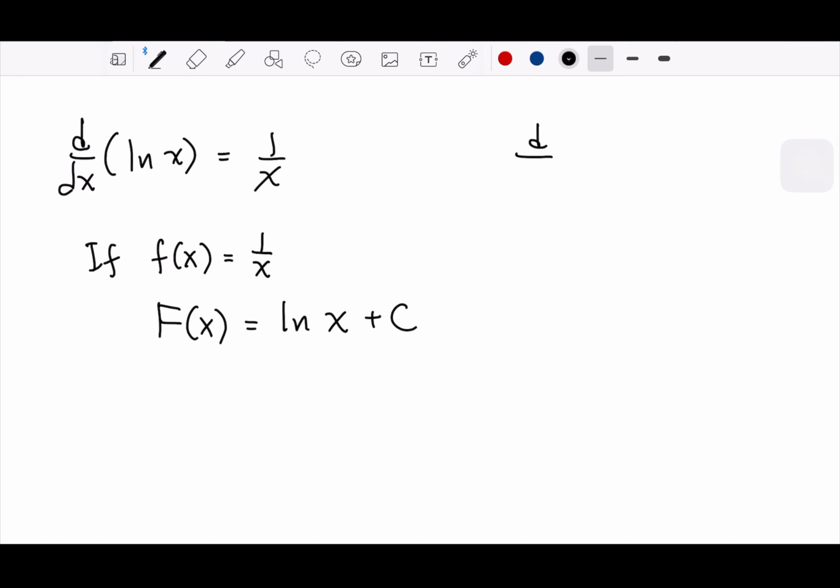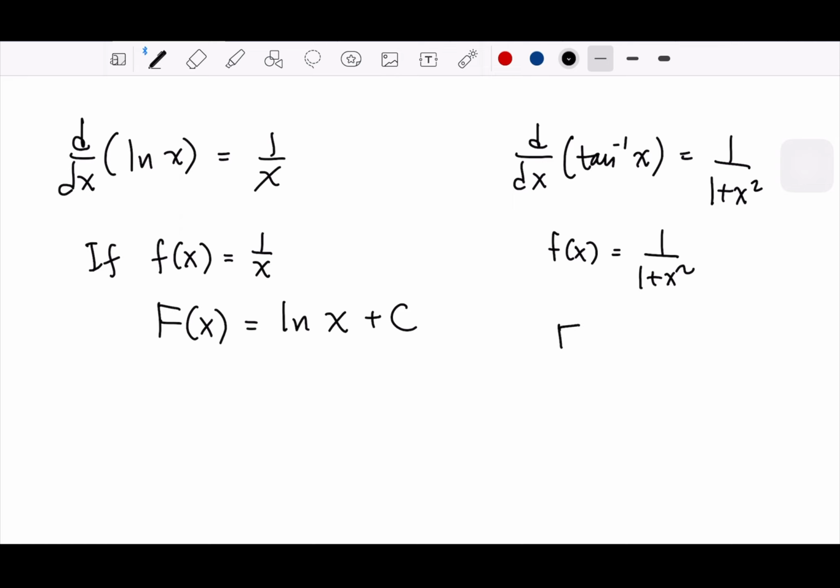And the derivative of tangent inverse turns out to be 1 over 1 plus x squared. So if you have a function that is 1 over 1 plus x squared, you get the antiderivative tangent inverse x plus c.